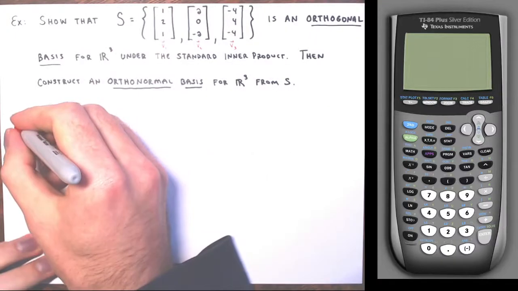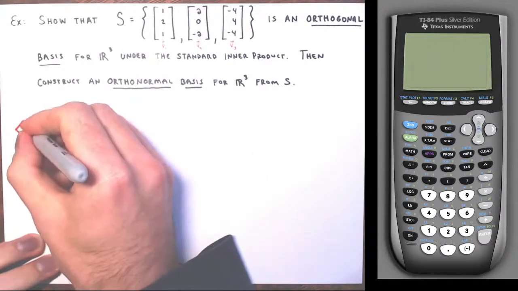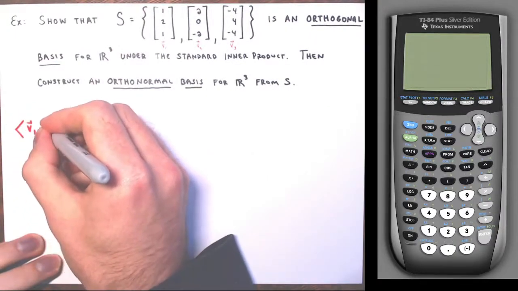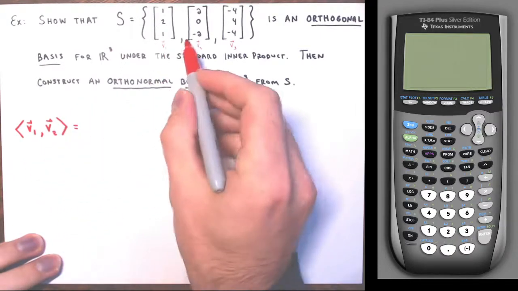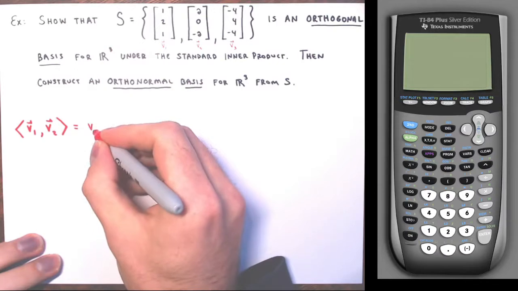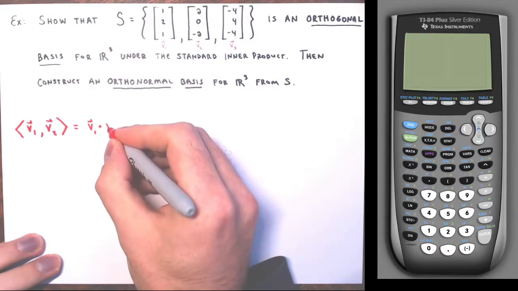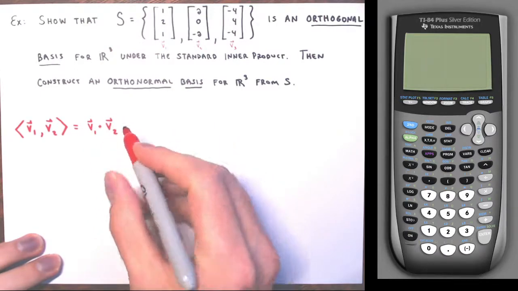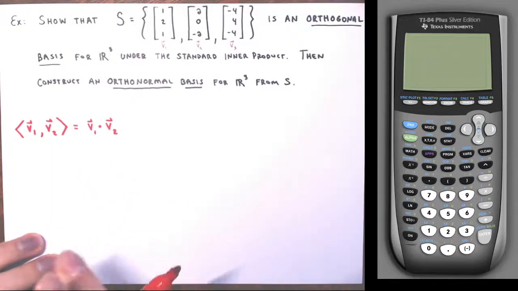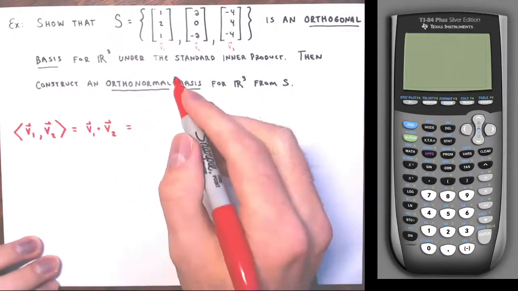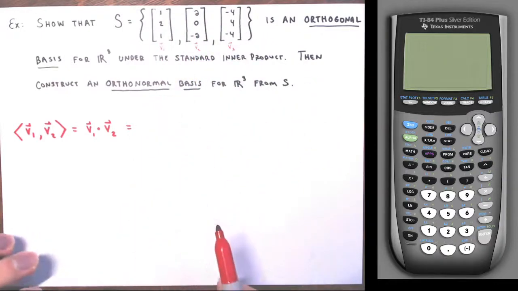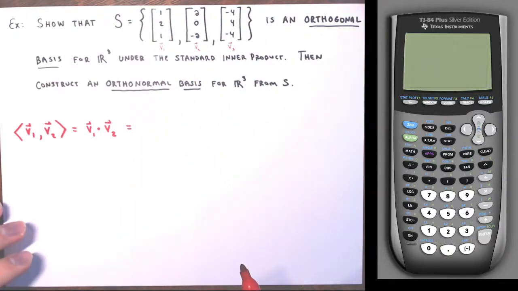What's the inner product of v1 with v2? Remember, the inner product here is the dot product, so I'll just write dot product from here on out. Dot product works by multiplying corresponding components and then adding those products.